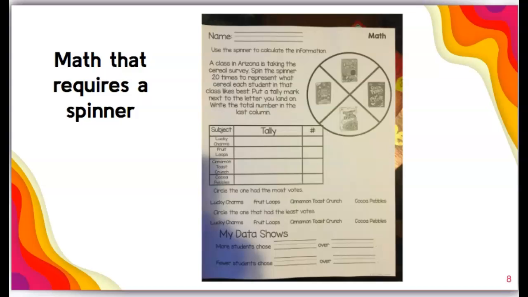So in this math activity, a class in Arizona is taking a cereal survey. Spin the spinner 20 times to represent what cereal each student in that class likes best. Put a tally mark next to the letter you land on, and then write the total number in the last column.